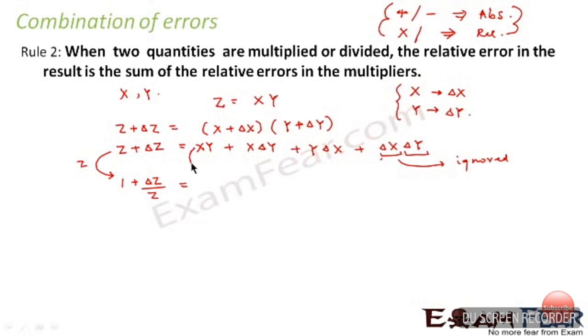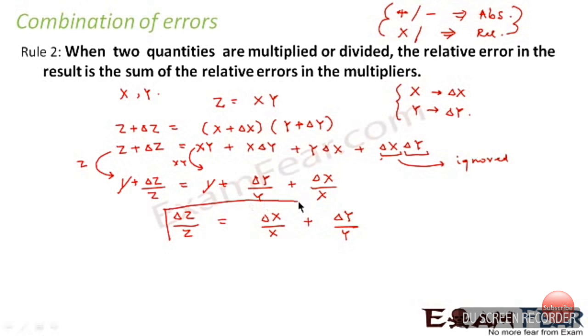And we divide RHS by xy. So we get 1 plus delta y by y plus delta x by x. Now this 1 and 1 will get cancelled. So we get delta z by z is equal to delta x by x plus delta y by y.